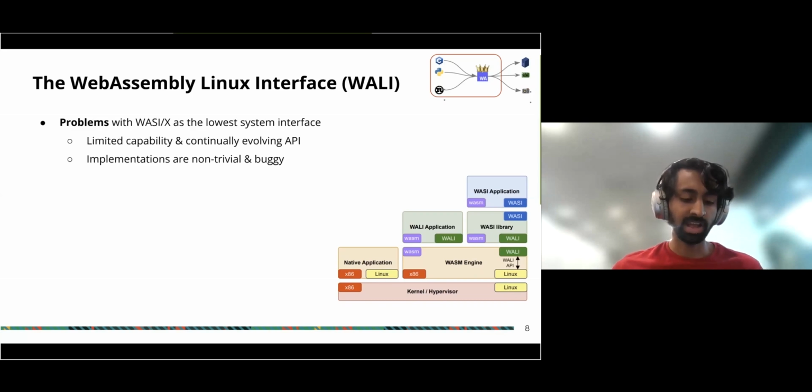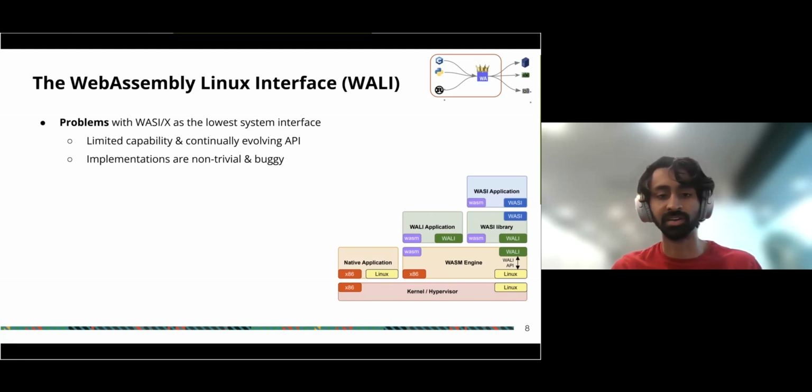So WASI is great, and I think WASI provides a really good capability-based model that is useful when you're trying to run things in a secure environment. But I think as a lowest system interface, it has limited capability. It makes it hard for you to target it nicely as a debugging platform.